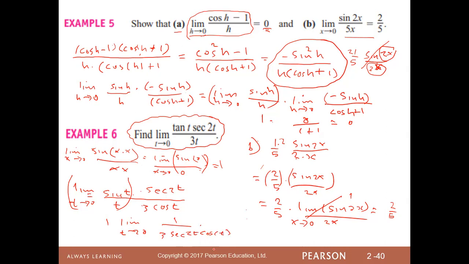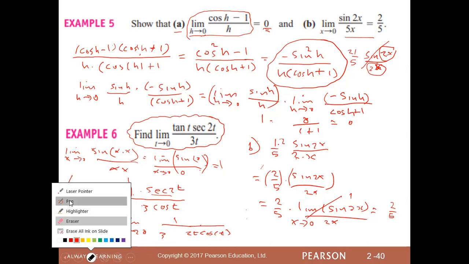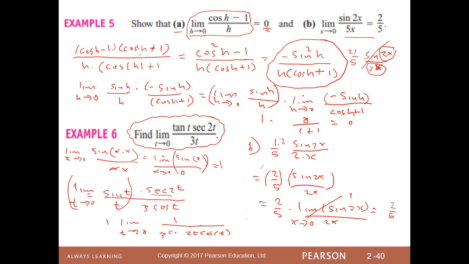Is the denominator right? Cosine 2t. Yes, I have sec 2t and I brought it down, so I should make it cosine, not sec. Please pay attention. Good. So we'll put it back as cosine of 2t, 3 multiplied by cosine of 2t.